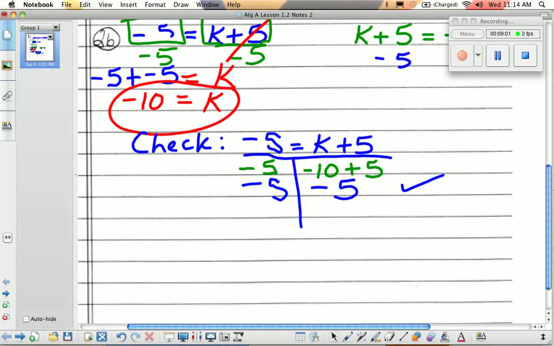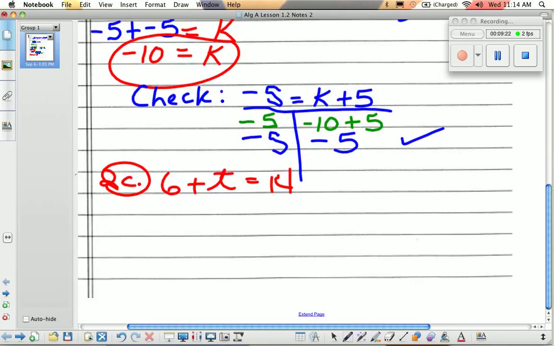Okay. Let's do one more. 2C. What do we have the freedom to do when it isn't an addition problem?